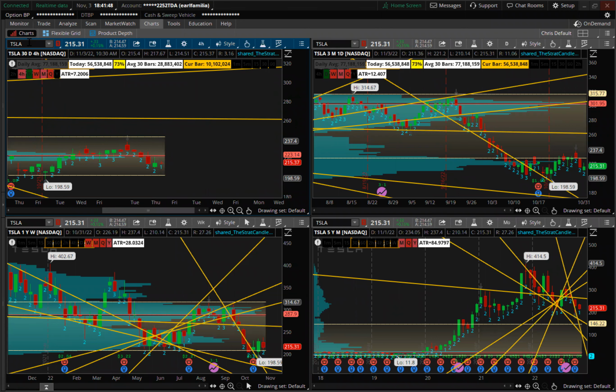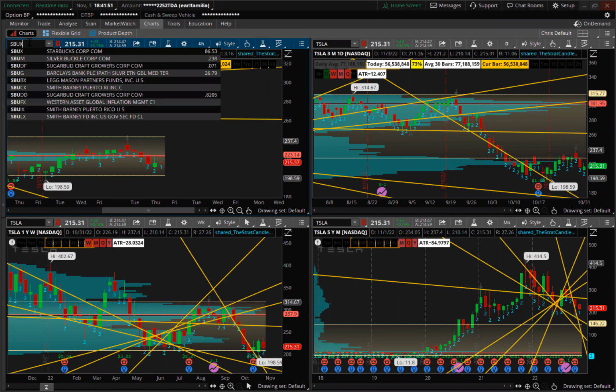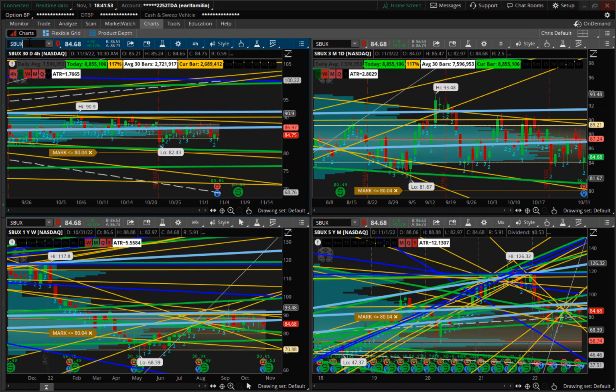All right. I'll be looking for downside continuity on that one. Starbucks is another one that didn't complete the 3-2-2 back to the upside. It went 3-2 and then went to the next candle to trigger and just died. So it stayed inside, kind of pulled down in the afternoon.